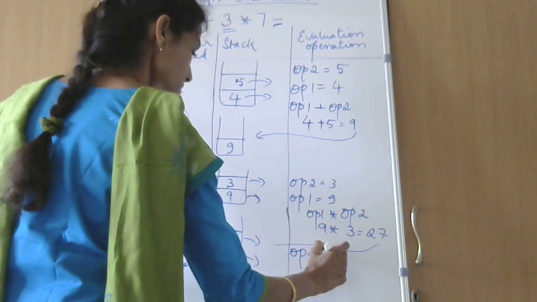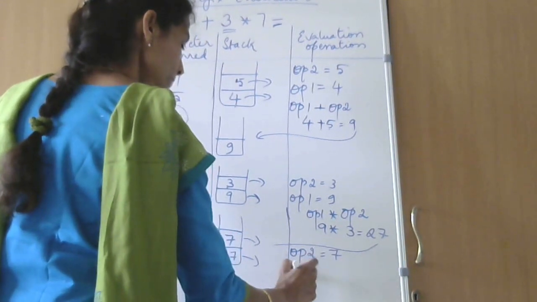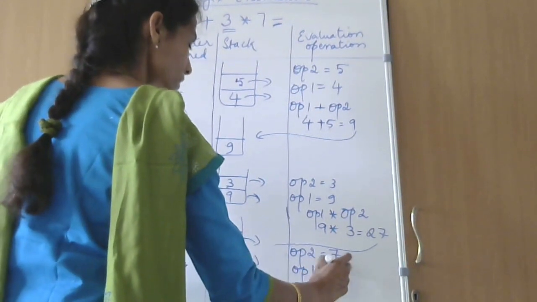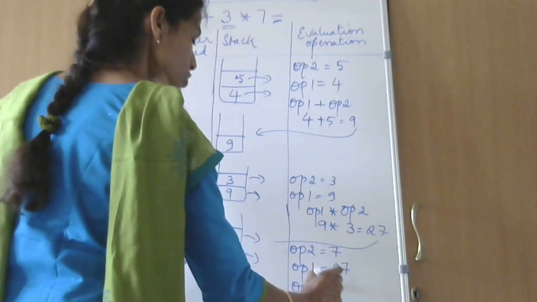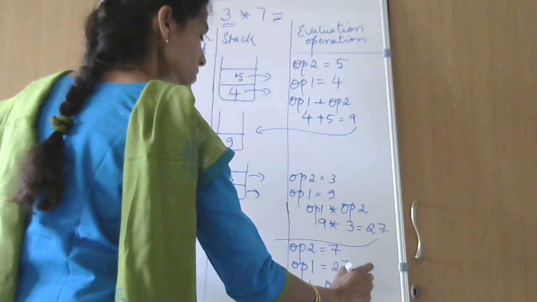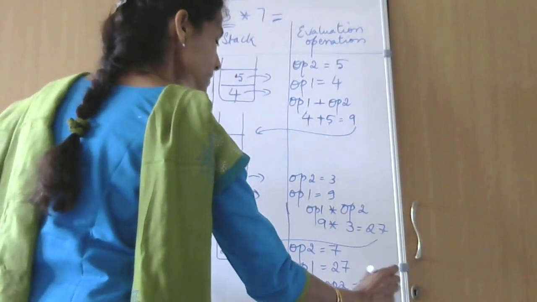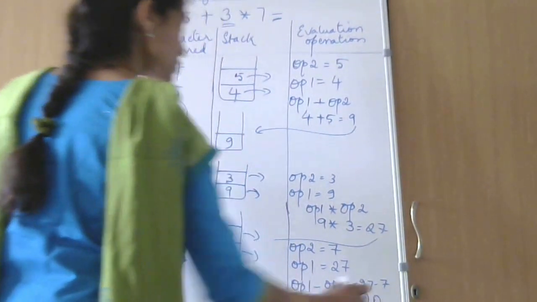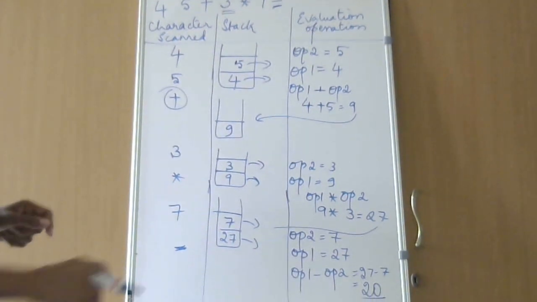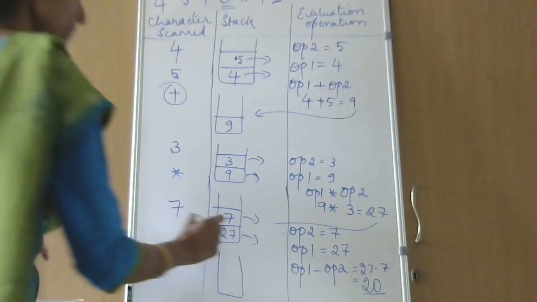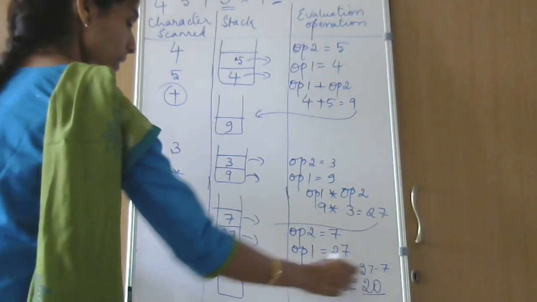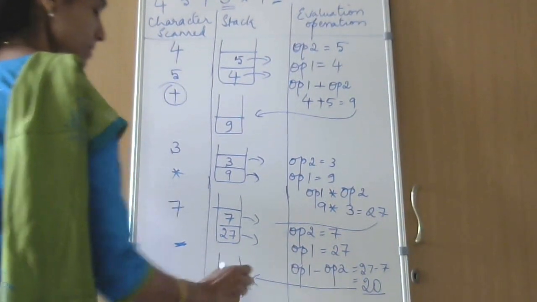Operand 2 is the variable, I will store 7. Operand 1, I will store 27. I perform the minus operation on the two values. So 27 minus 7, we are going to get 20. Now since I have popped out, the stack is right now empty. I will push this 20 onto my stack.